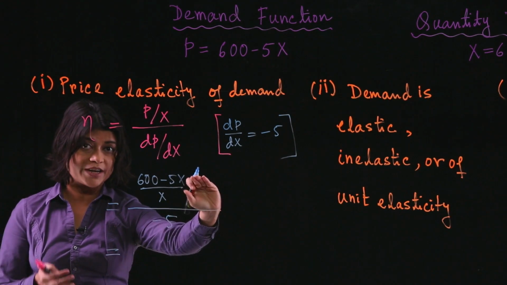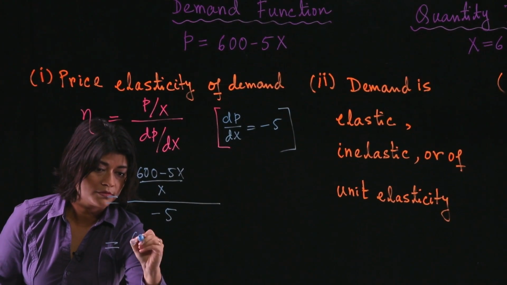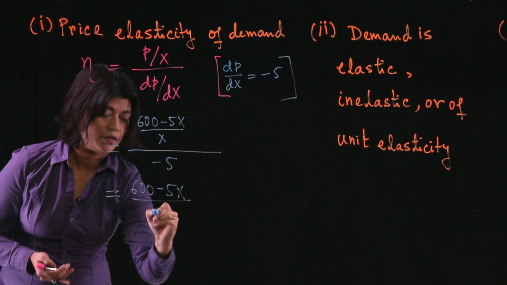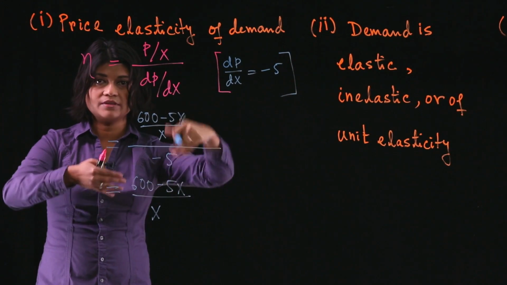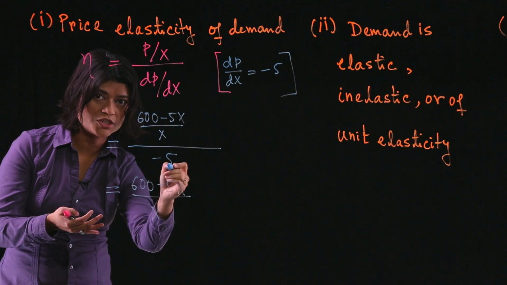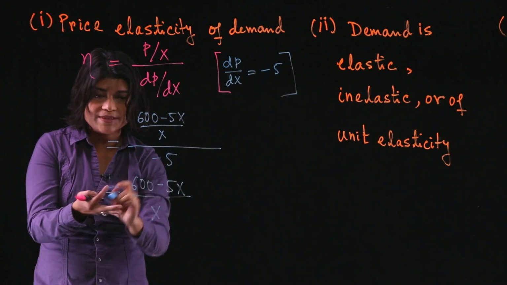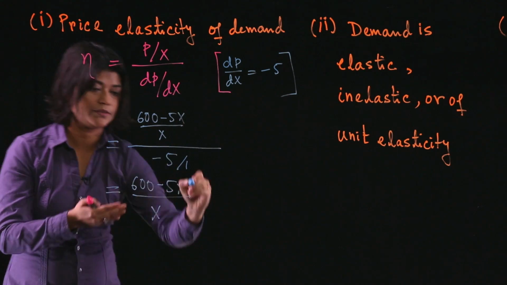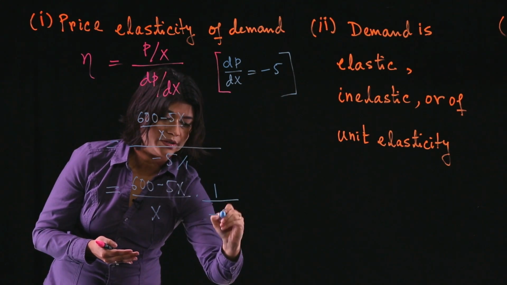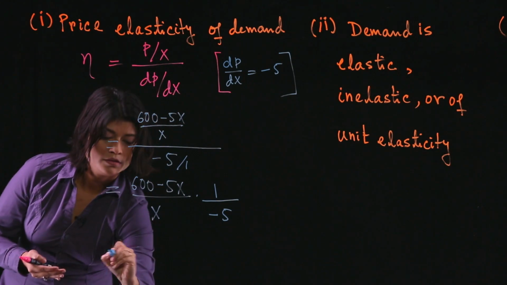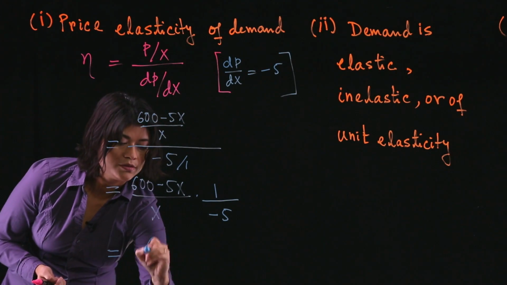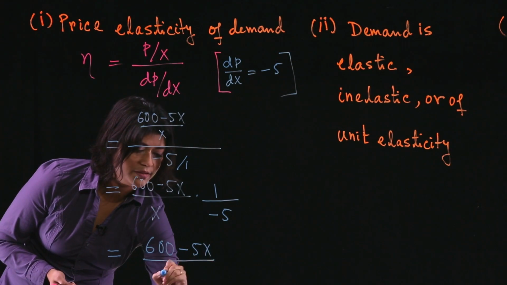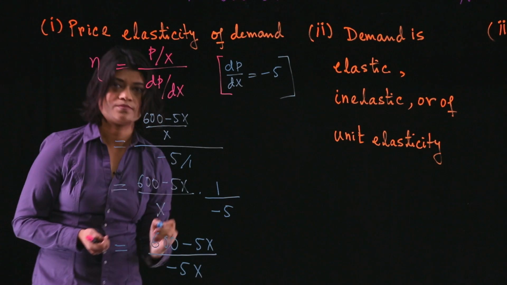You keep the numerator fraction as it is, and the denominator fraction gets flipped. Now, what is the fraction in the denominator? It's negative 5. That means it's negative 5 divided by 1. So you flip it, it becomes 1 over negative 5. Therefore, we have 600 minus 5x divided by negative 5x.